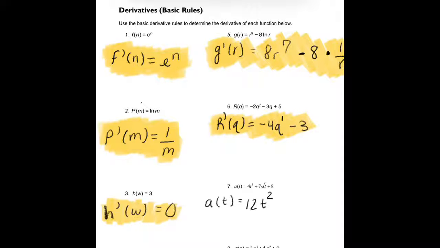Now our second term says 7 times the square root of t. A way to help us to get through this derivative is rewriting the square root as a fraction. So the square root of t here, for our side note here, is just simply going to be t to the 1 over 2. Now we would put plus 7t to the 1 over 2 plus 8.